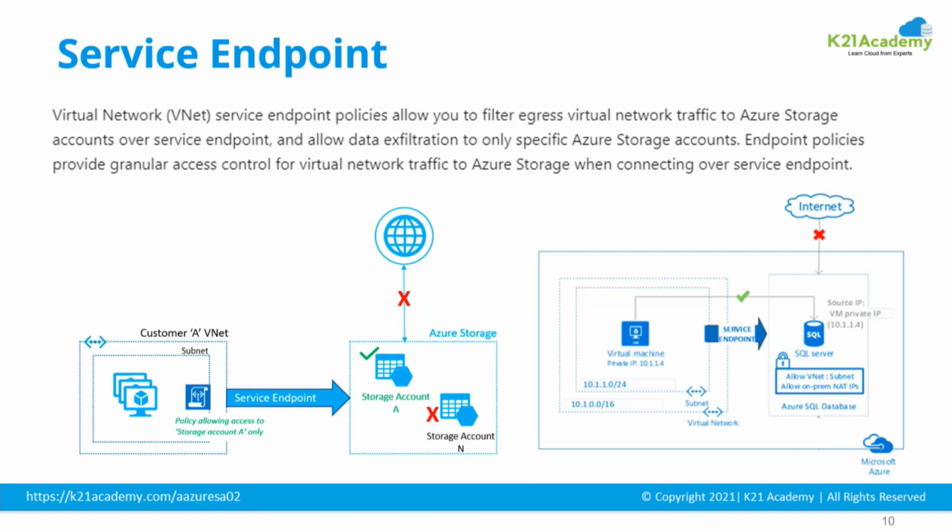It could be various other services that need to be accessed from a virtual machine. And they basically provide a much more granular way to control what you can access or how that access happens securely over the network.